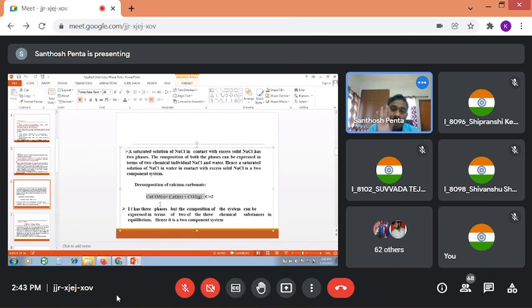That is true also. But according to the scientist Willard Gibbs, the definition is the minimum number of chemical constituents. If you know the minimum number of chemical constituents, then automatically you can predict the other chemical component.